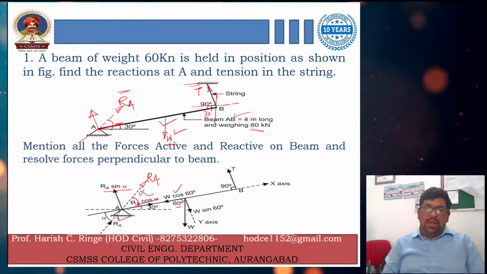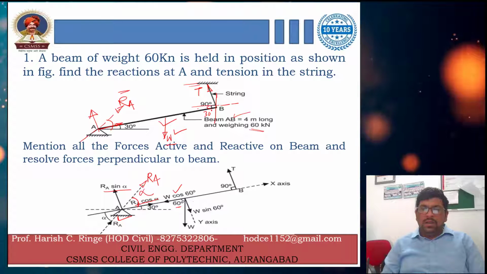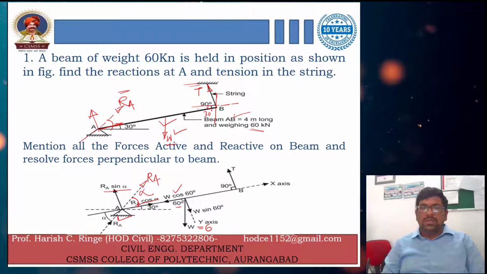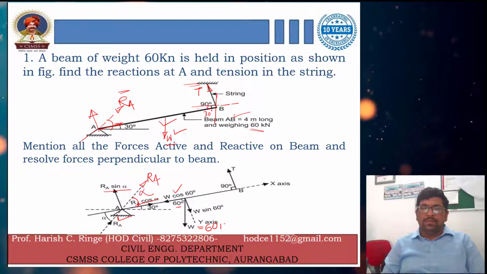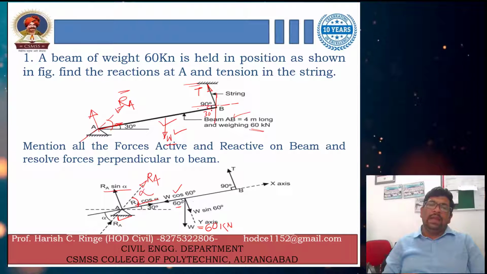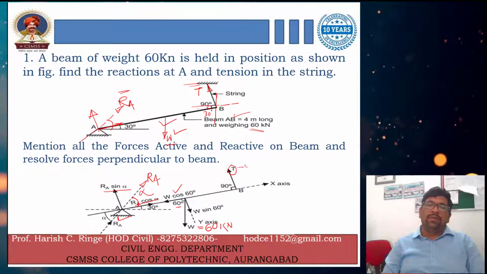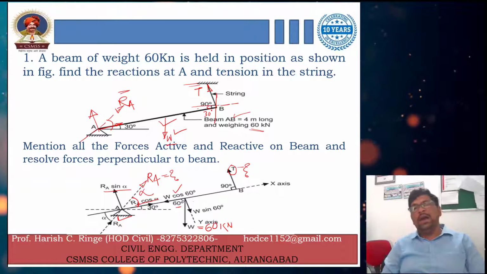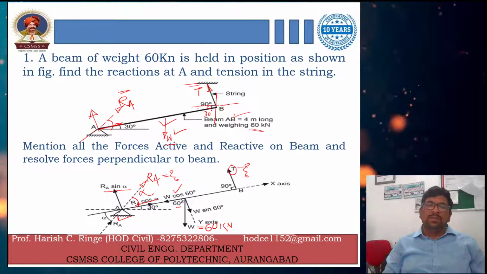Obviously we know that the value of W is 60 kilonewton, right? That is the value. Again, we don't have the value of T or the value of RA, so those are supposed to be calculated.